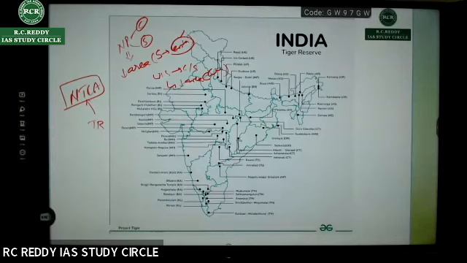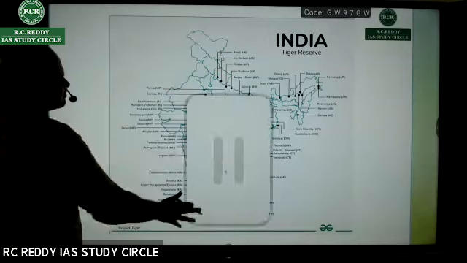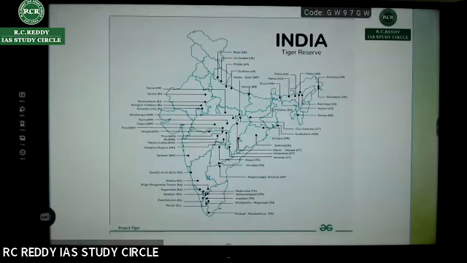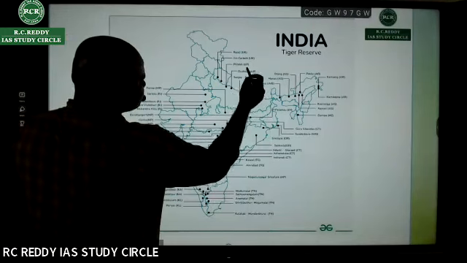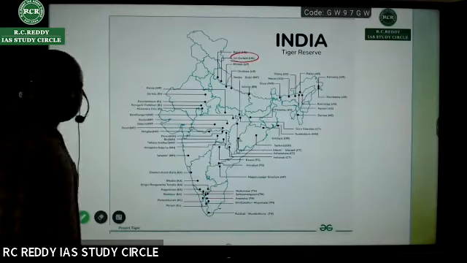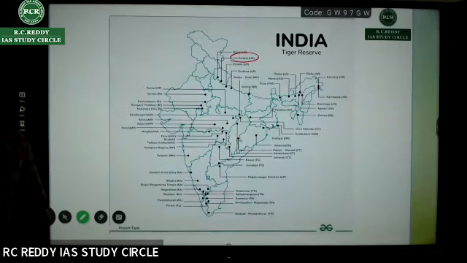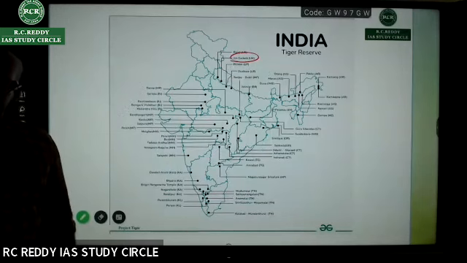Then इसमें देखो, we have around 54 tiger reserves at present, and some statistics with respect to these tiger reserves or tiger aspects is what? The tiger reserve with the maximum number of tigers is Jim Corbett. Maximum density is Jim Corbett, and maximum number of tigers is also Jim Corbett. Okay.